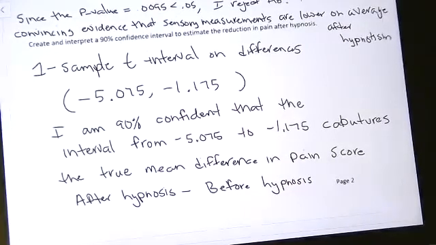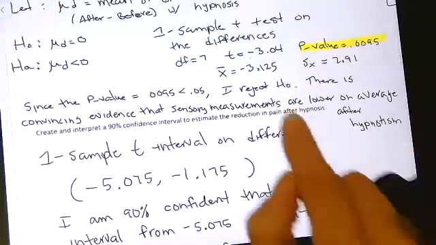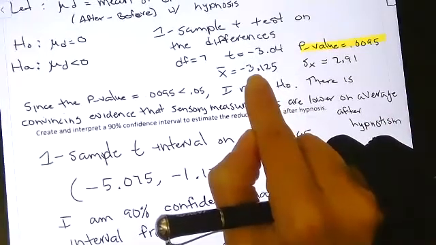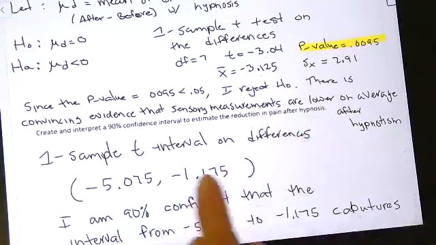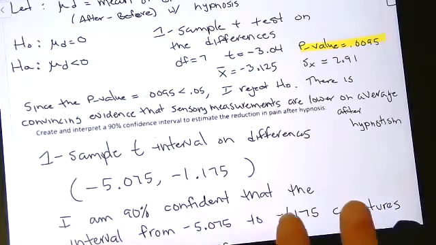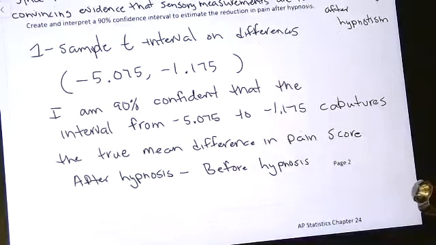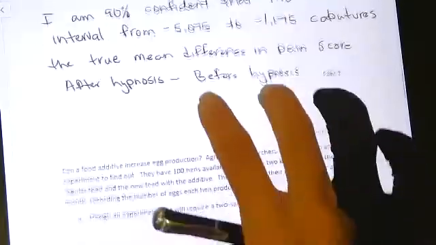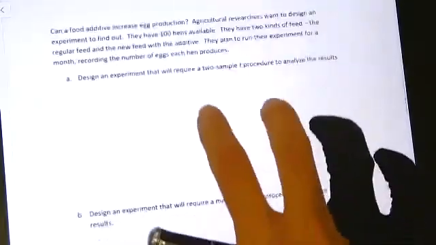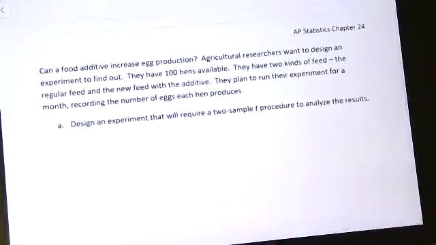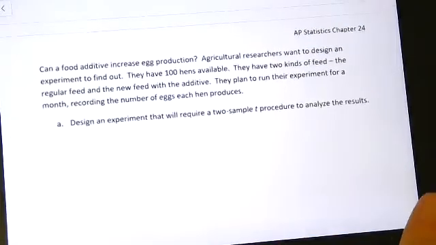Who knows? We estimate that it's probably around 3 because that's our point estimate, but our confidence interval says it could be anywhere between a 5-point reduction, to just a 1.1 point reduction. And of course, that's not our call, but that is something for the people involved in the experiment to take into consideration.